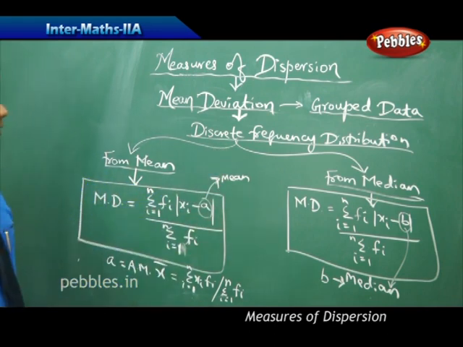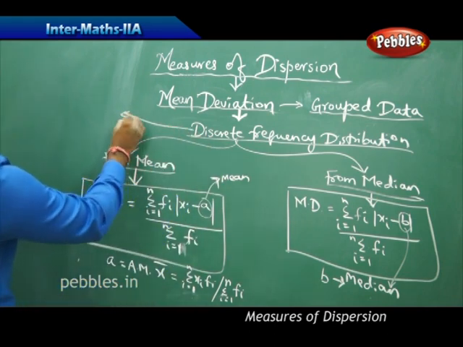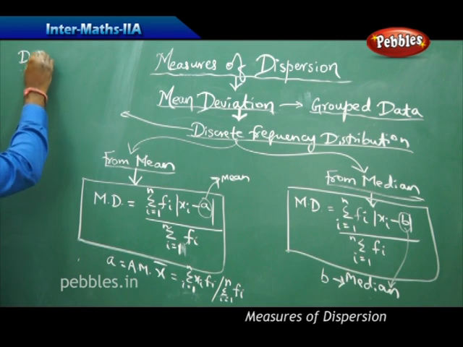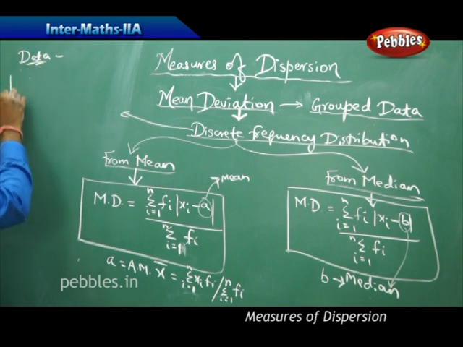Usually the discrete frequency distribution has the data given in the form of two rows.